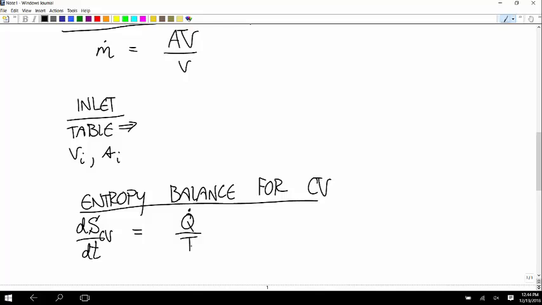And it's well insulated, so there's none of that. And then plus m dot times SI minus m dot times SE plus sigma dot. That's zero because it's steady state. That's zero because it's insulated.